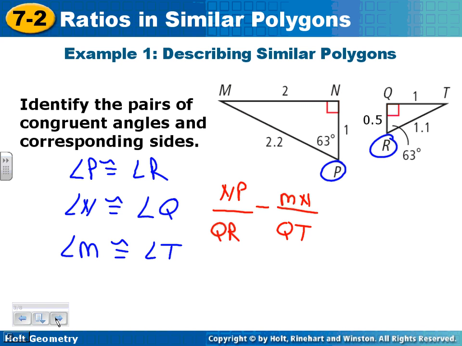And I can actually put an equal sign in the middle of that. One more, so I'll put another equal sign, one more side. What about MP is proportional to RT? So again, my angles are congruent, side lengths are proportional to each other.